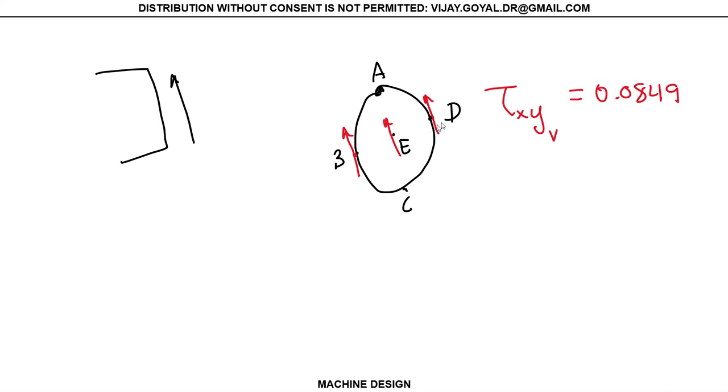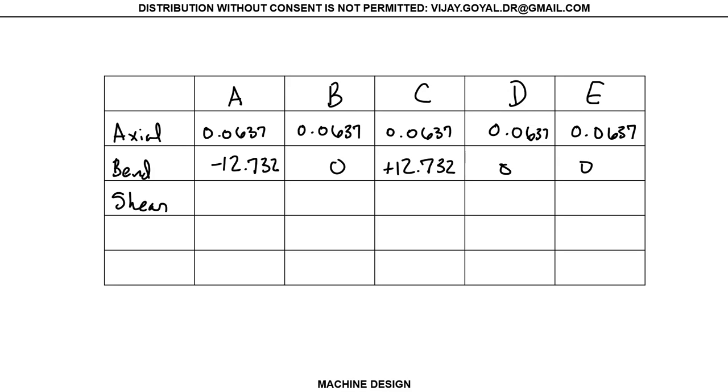So if I replace that in my equations now, this is zero here. This is 0.0849, 0.0849, 0.0849.